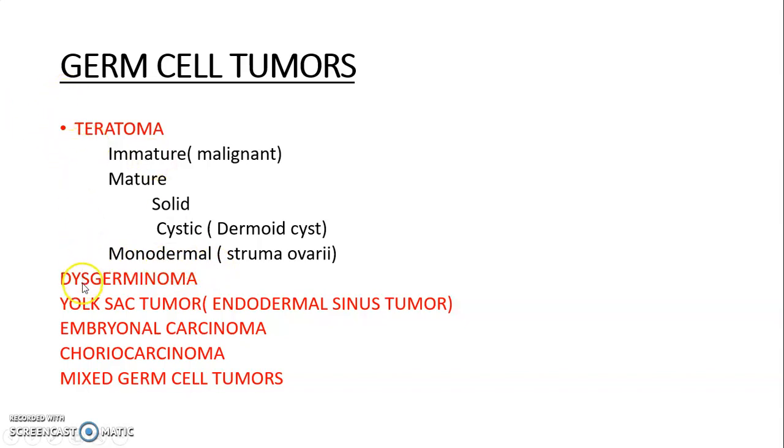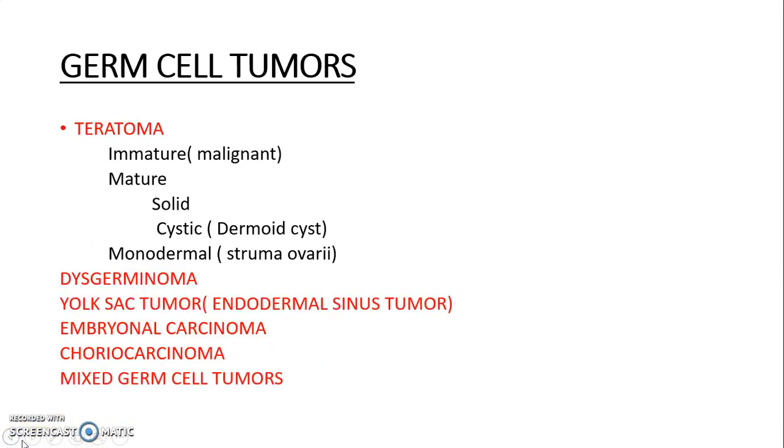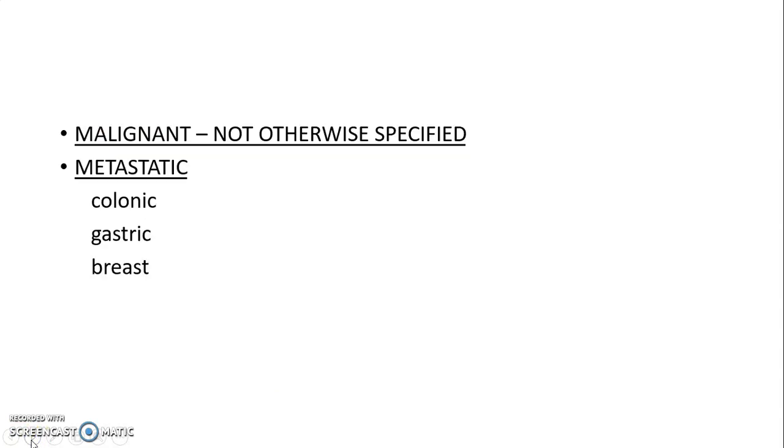After teratoma, dysgerminoma, then yolk sac tumor, embryonal carcinoma, choriocarcinoma, and mixed germ cell tumors. Then malignant not otherwise specified tumors and metastatic tumors. Metastasis could be from colon, stomach, or breast.